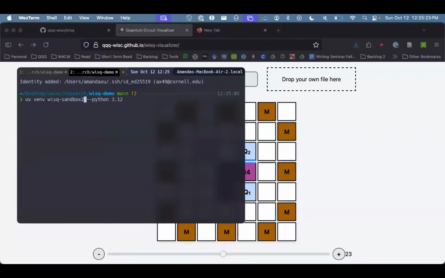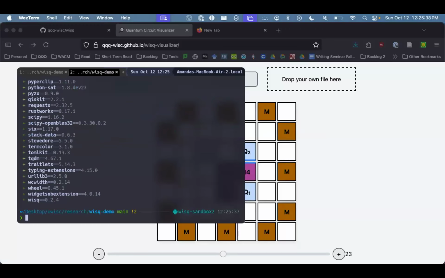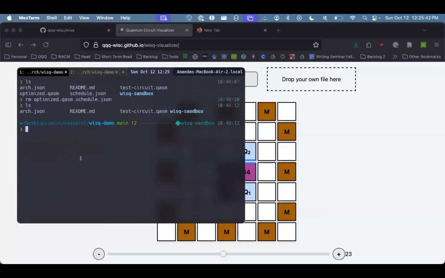So let's create it, and then we can activate it. And then it's really just as simple as installing this, and then we have it.